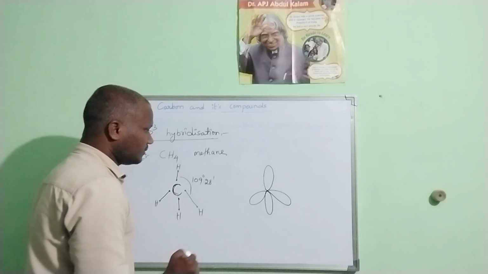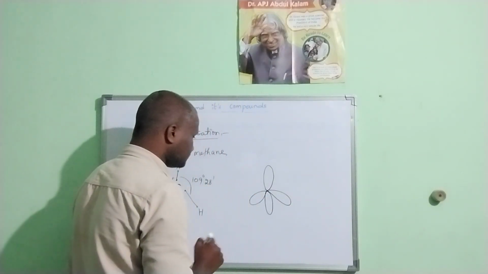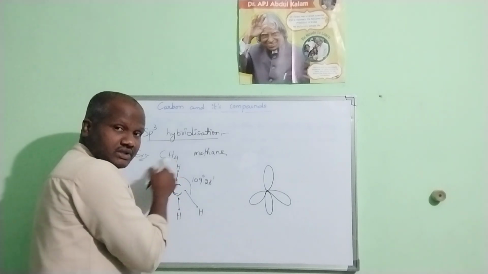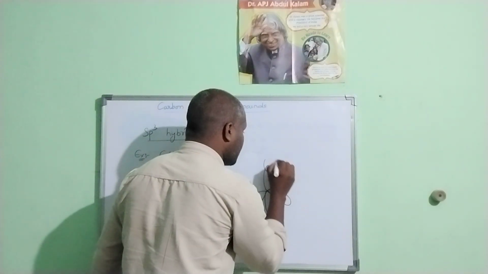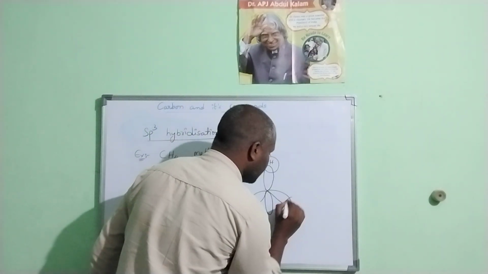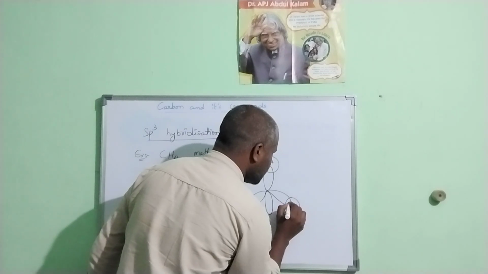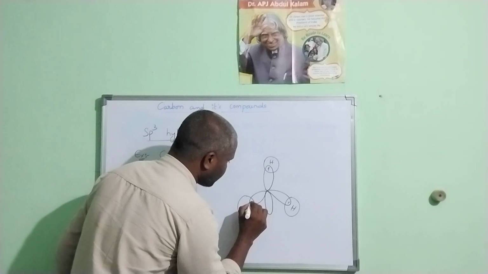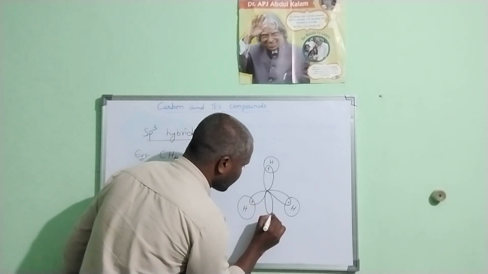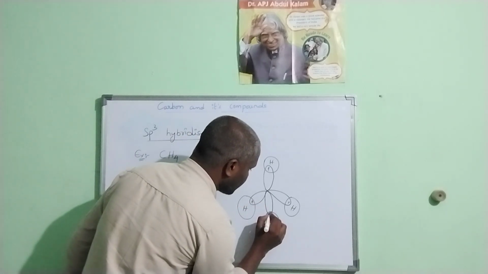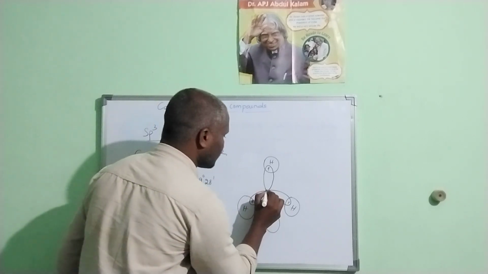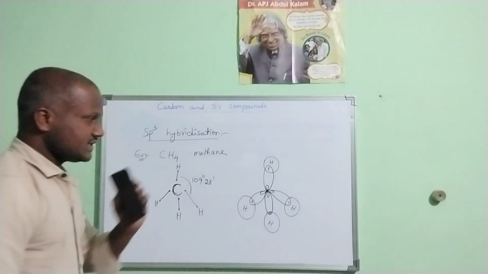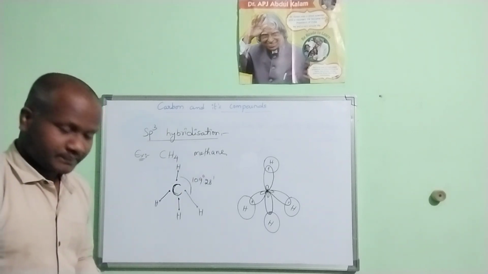We have dumbbell shapes, and 4 hydrogens are involved in the process, each sharing its electron. So this is the structure of methane.